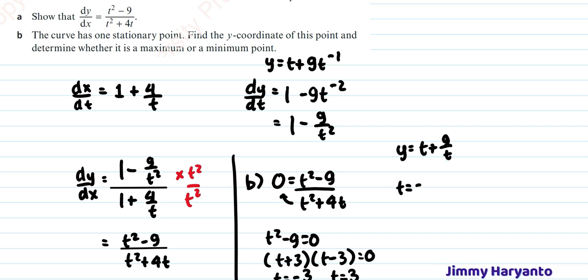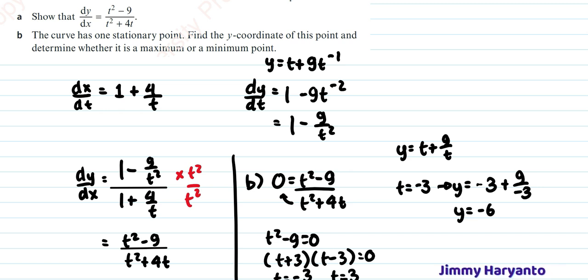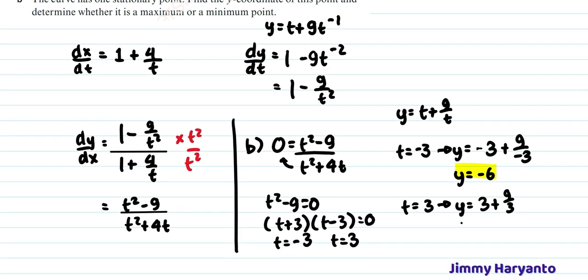When t equals negative 3, y equals negative 3 plus 9 over negative 3, y equals negative 6. So this is the first y, and the second y is when t equals 3. That means y equals 3 plus 9 over 3. 9 divided by 3 equals 3. 3 plus 3 equals 6. So this is the second value of y.